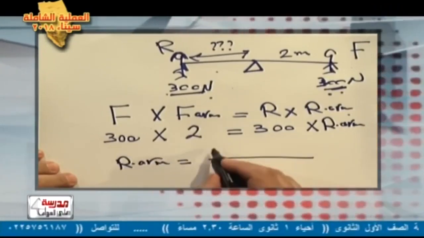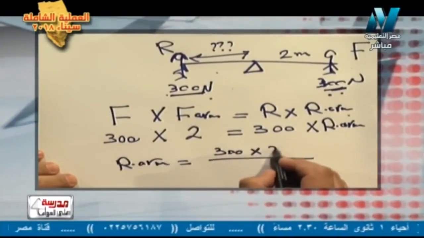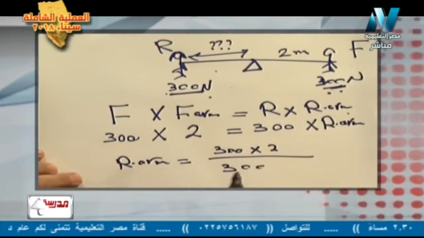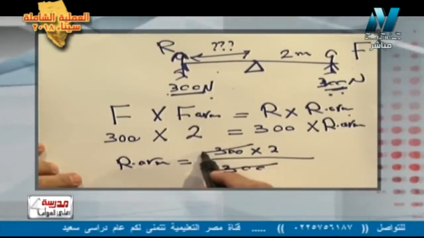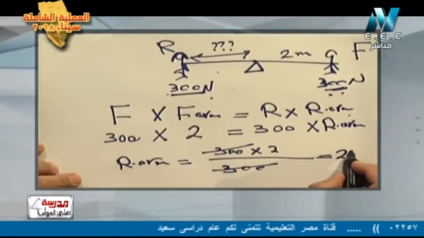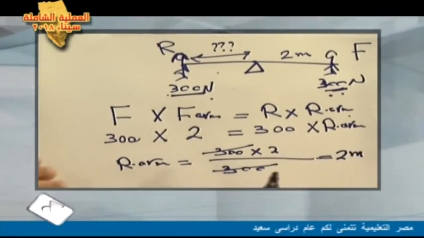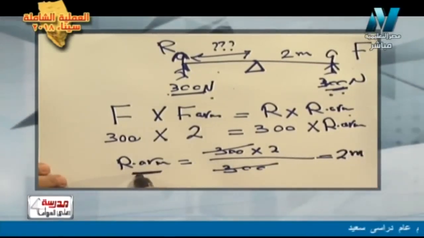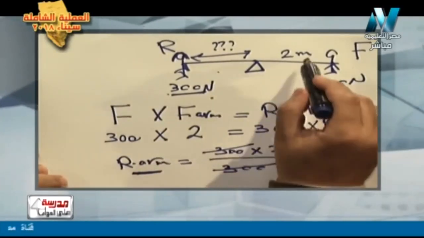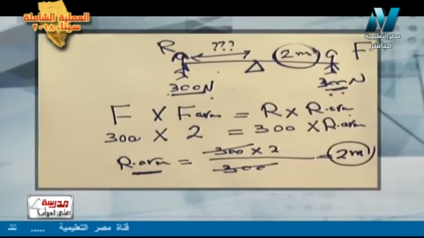It will be 300 by 2 divided by 300, so I can cancel 300 with 300 and it will also be 2 meter. The resistance arm has the same unit as the effort force arm, so they are 2 meter. Here there is balance in the problem, which is very good, because both have the same weight, the same effort force or resistance force, so they will have the same effort force arm and resistance arm, or they are equal.